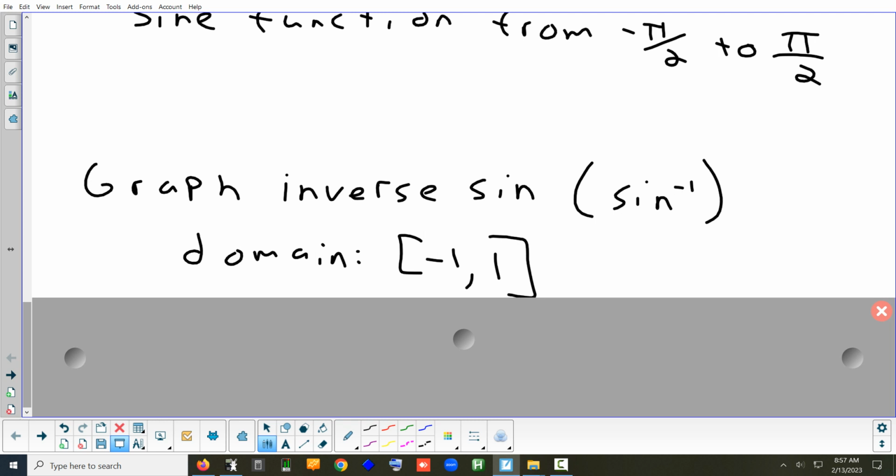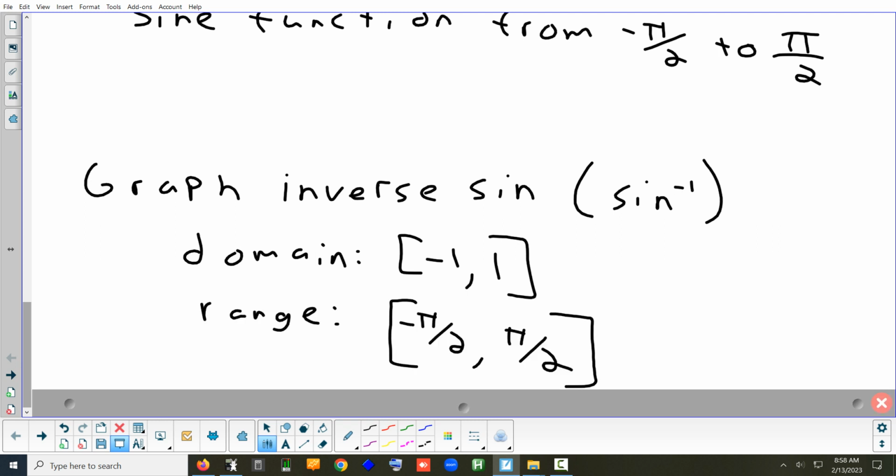Well, when we talk about inverse sine, the domain is negative 1 to 1. And the range is negative pi over 2 to pi over 2. So as long as you know some facts about original sine, you also know the facts about inverse sine. You just have to switch all the facts.